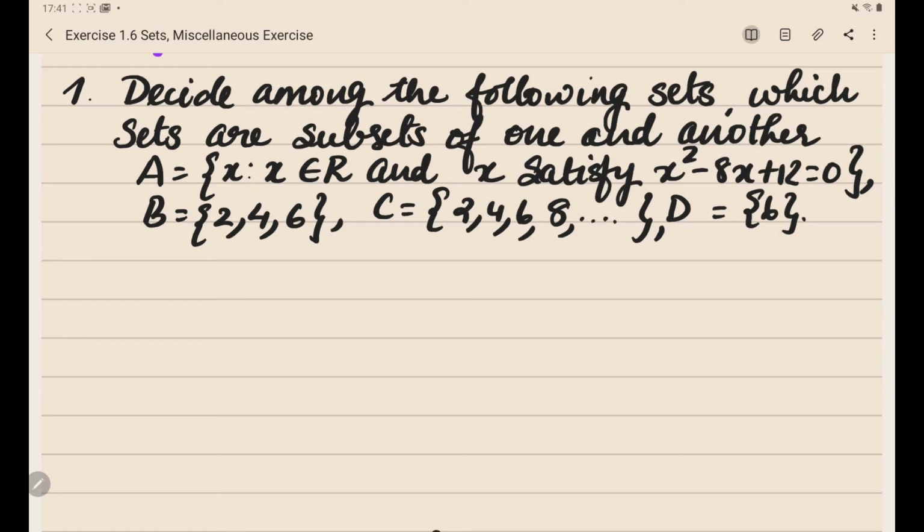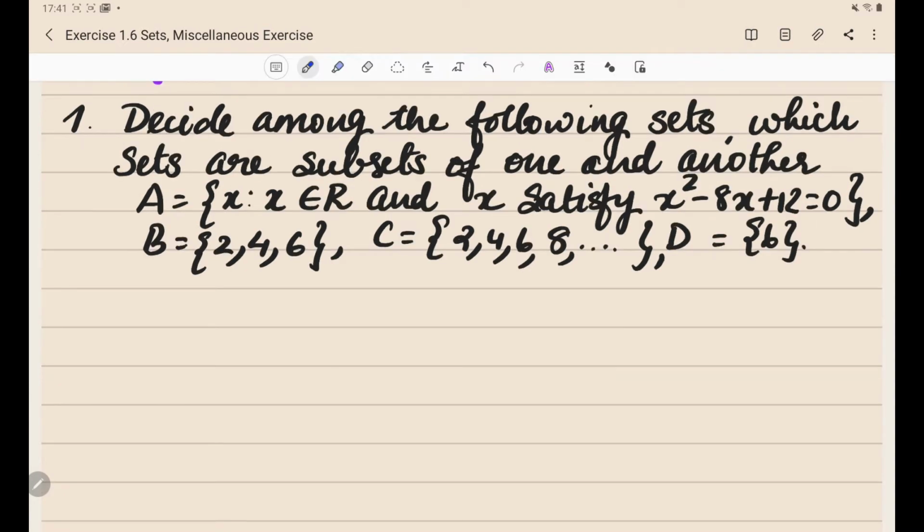Okay, now let's find the elements of the set A. To find the elements of set A, we need to find the roots of this quadratic equation, right? Set A is x such that x belongs to R and x satisfies x square minus 8x plus 12 equal to 0. So we have to solve this equation.